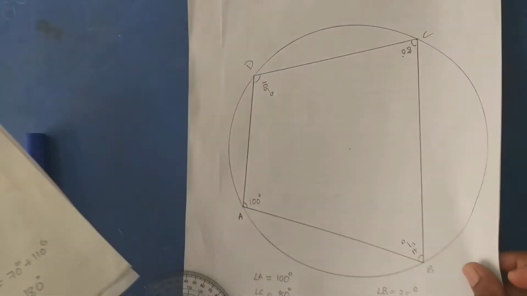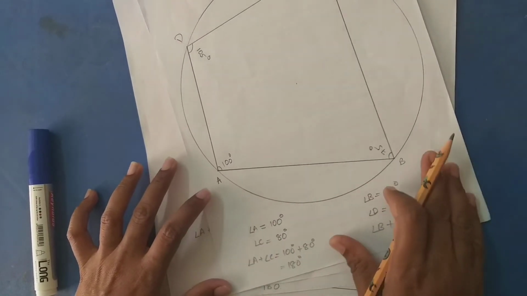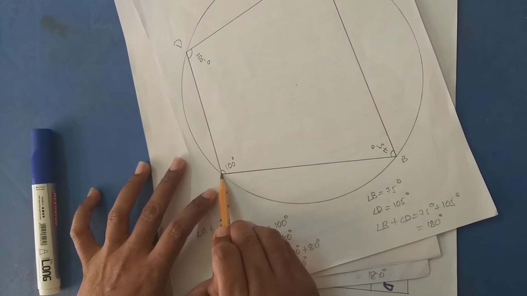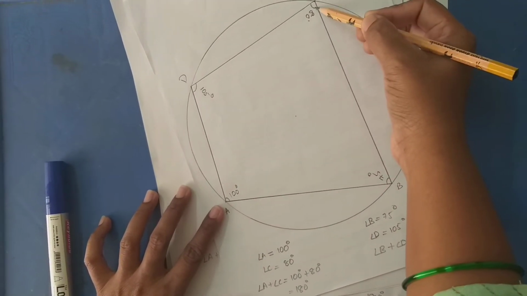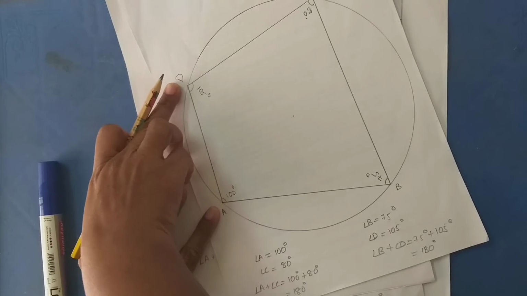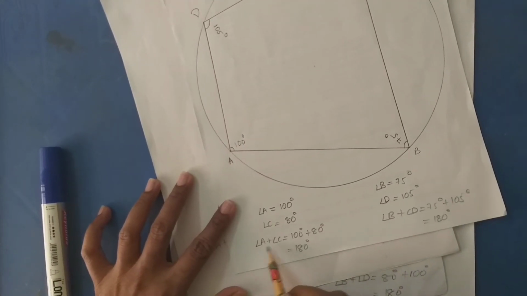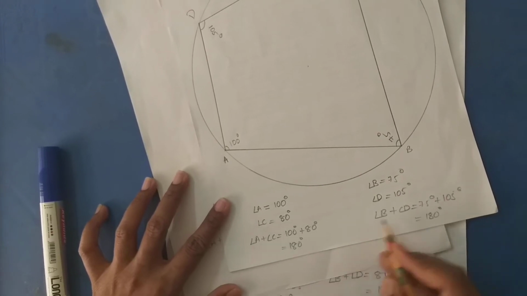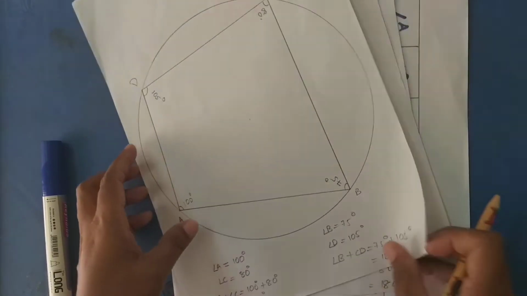And another cyclic quadrilateral. I also measure all angles. Angle A equals 100 degrees, angle B equals 75 degrees, angle C equals 80 degrees, angle D equals 105 degrees. So angle A plus angle C equals 180 degrees, angle B plus angle D equals 180 degrees.